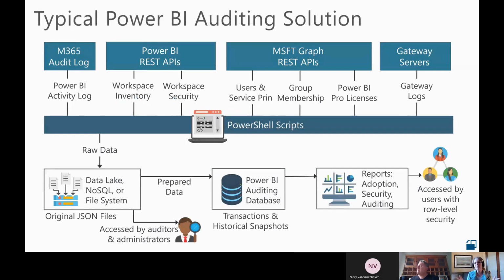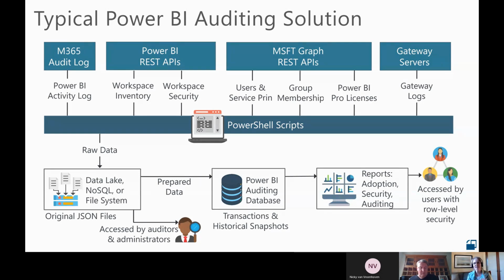So typically the kind of solution we're talking about is we get data from a variety of different places, right? Starting with the activity log at the top, some various APIs. We will compile all of the raw data. I absolutely prefer getting it into a database with a structure as opposed to going straight to Power BI, because I have things like snapshots, because I have some things that are doing some data cleansing.